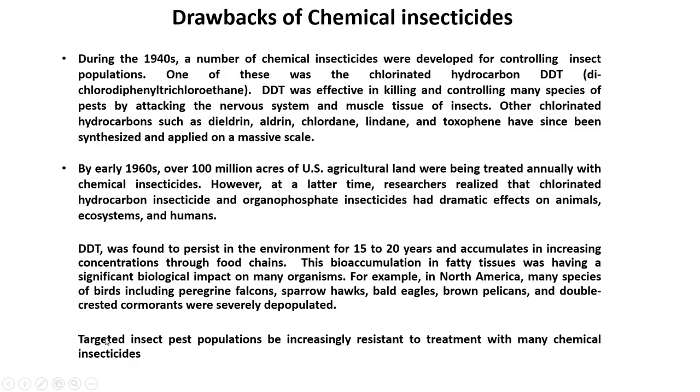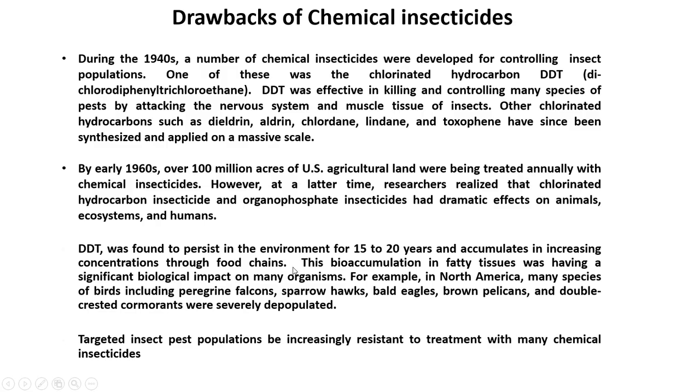Another important drawback with using DDT and other chemical pesticides was that DDT persisted in the environment for 15 to 20 years. Basically, it was not easily degradable. So it was able to persist in the environment and accumulate in increasing concentration through the food chain. So through the food chain it enters our body.